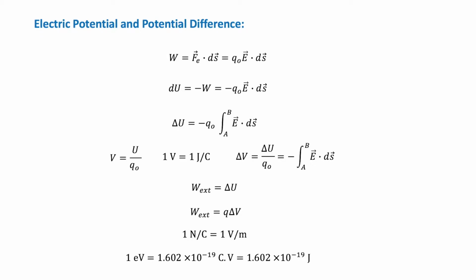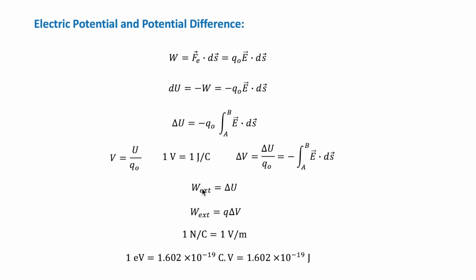So suppose an external agent moves the test charge without changing its kinetic energy. Then the work done by the field on the charge, this one, is equal to the negative of the work done by the external agent causing the displacement, okay?